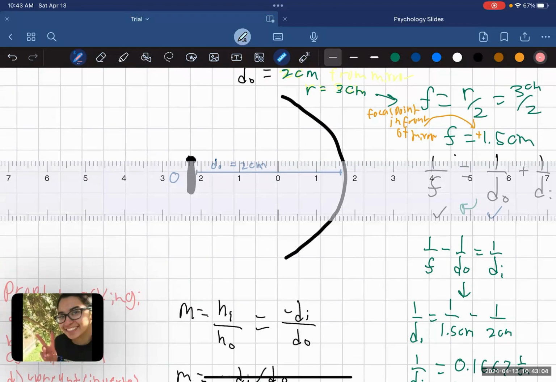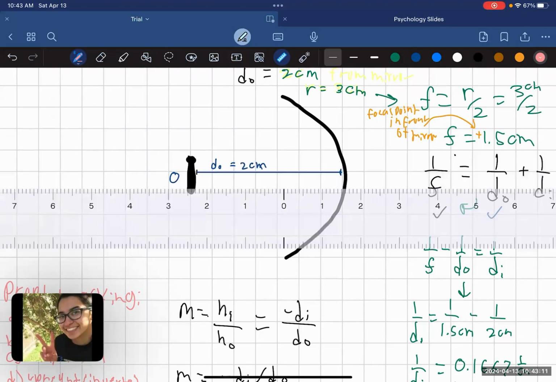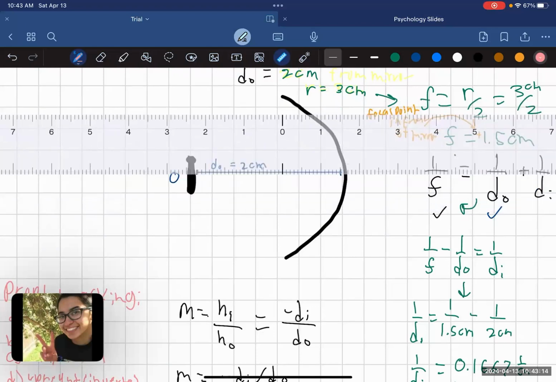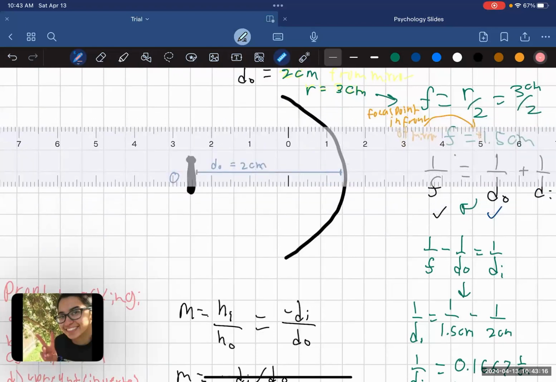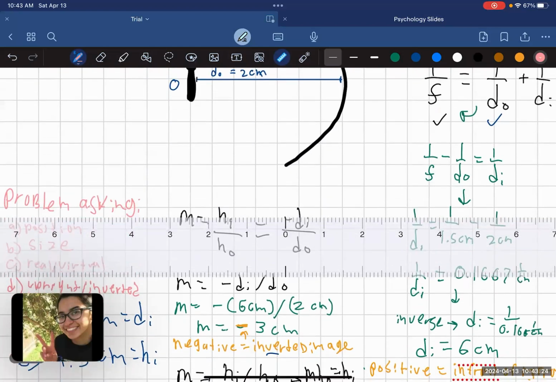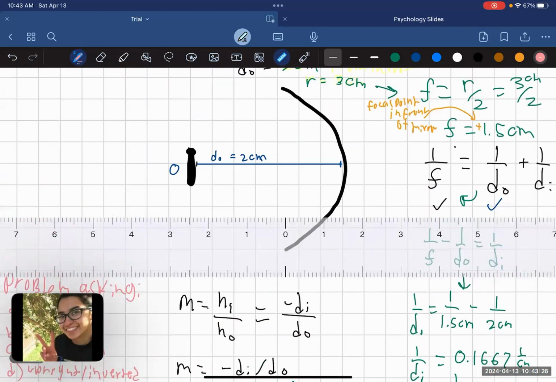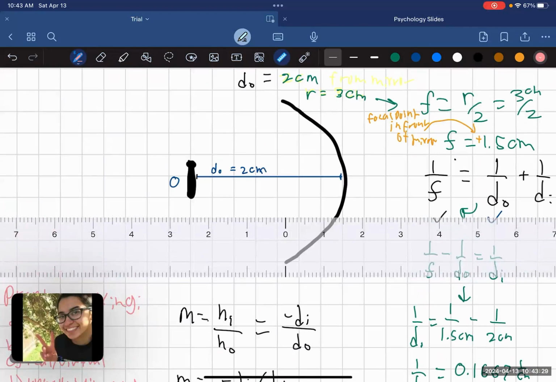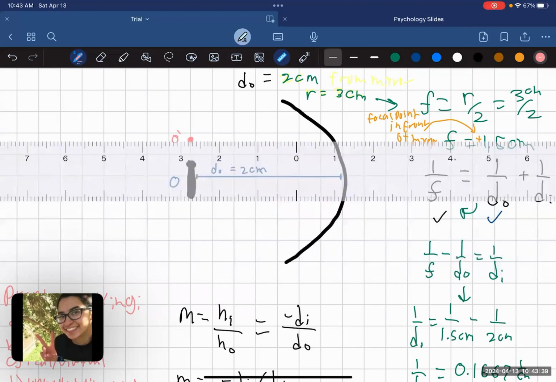Okay. Anyway, start with our object. We're probably gonna have our object prime, which is usually up. So let's just draw it here. We're gonna go straight.